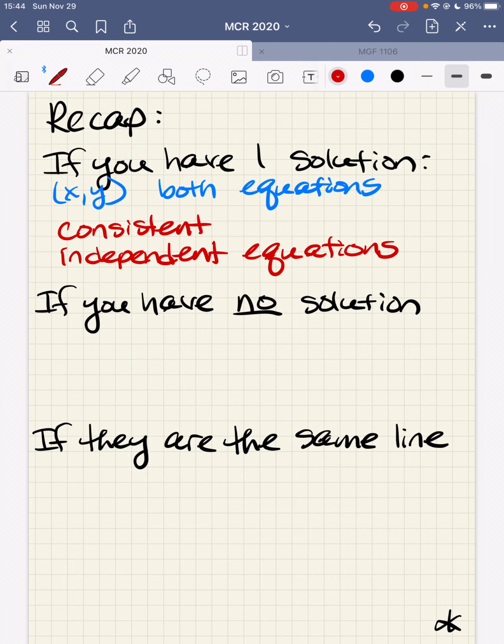If we have no solution at all, then these 2 lines are parallel. Which means these 2 lines, because they never cross, are inconsistent. But because these are their own lines, 2 separate lines, these are also independent.